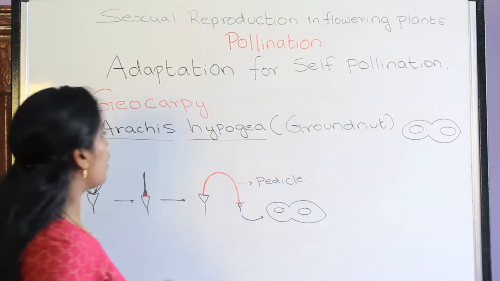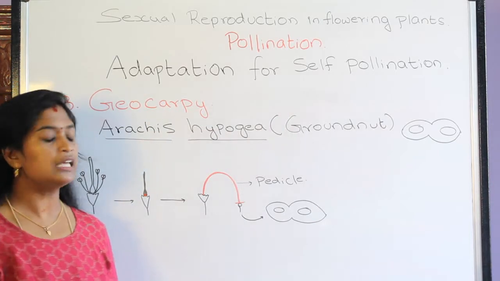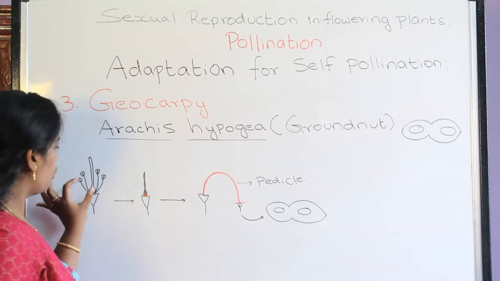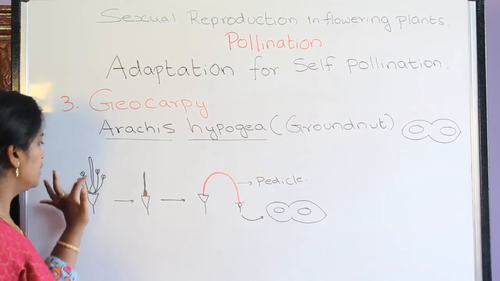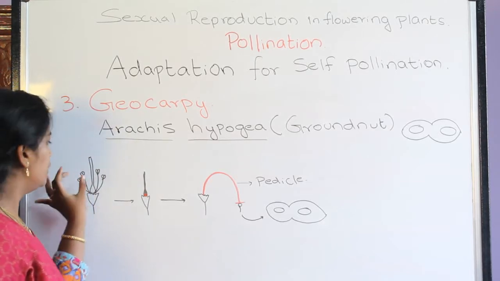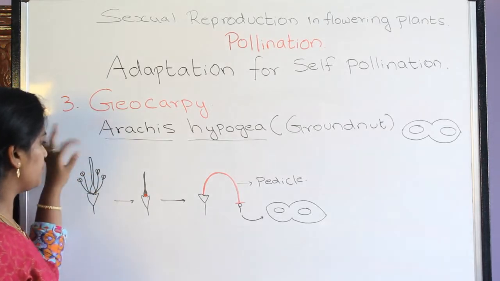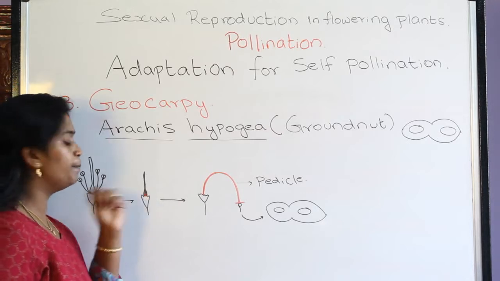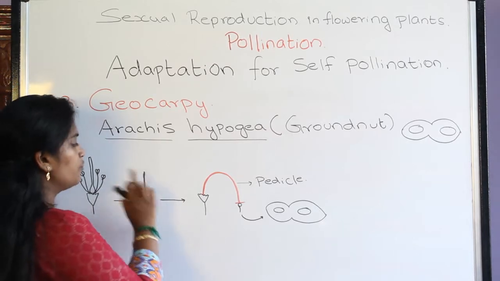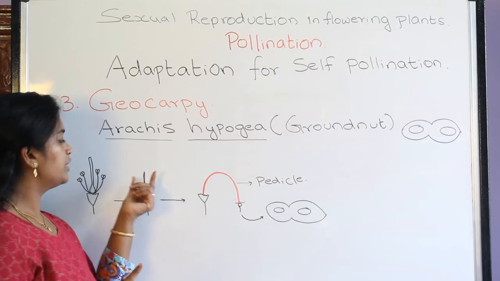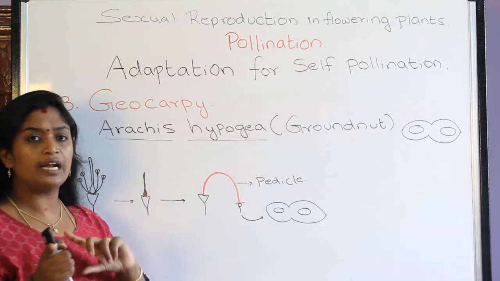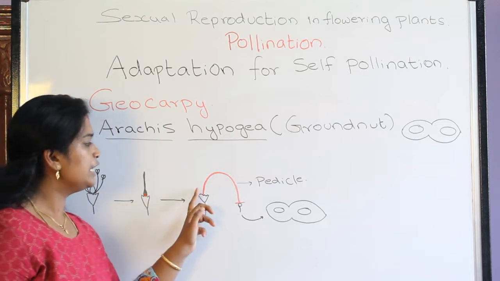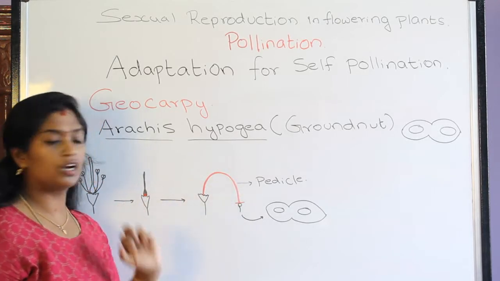In case of Arachis hypogea, once the ovary is fertilized aerially, what happens? Now this is the thalamus, this is the ovary, this is the male reproductive unit, and this is the female reproductive unit. The ovary is attached to the thalamus with the help of the pedicel. After fertilization, that is once the pollen grain attaches to the stigma, the pedicel elongates to the ground.